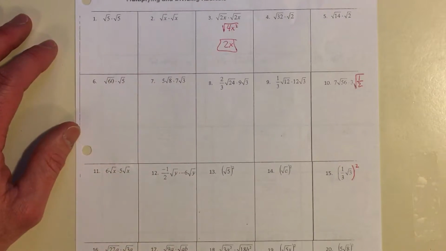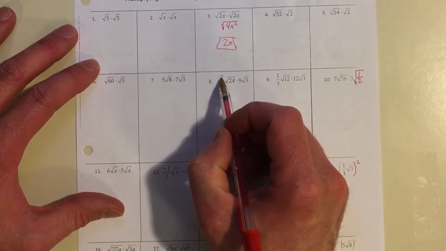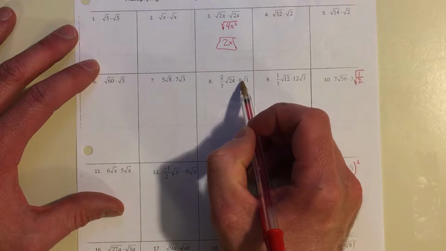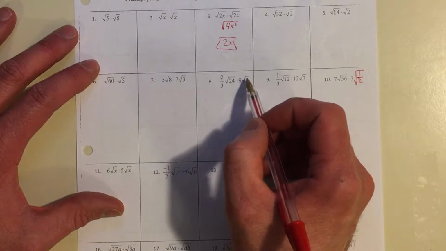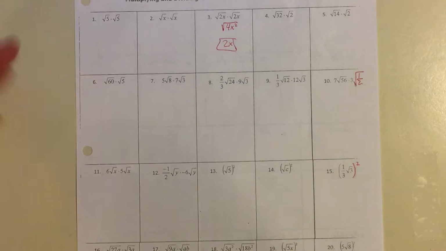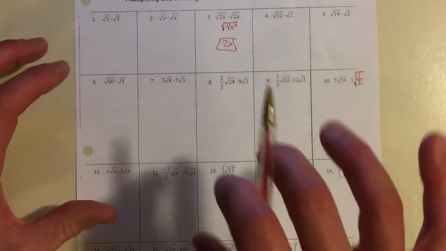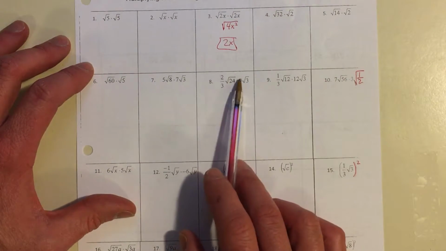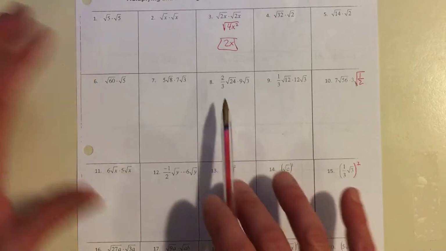On number 8. Now recall that 2/3 square root of 24 is actually 2/3 times square root of 24 times 9 times square root 3. In actuality, what we're doing is the commutative property. We're going to rewrite the order of these things so that the 2/3 and the 9, they're on the same kind of level.